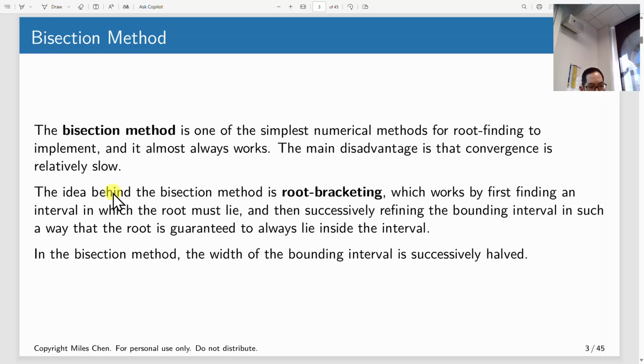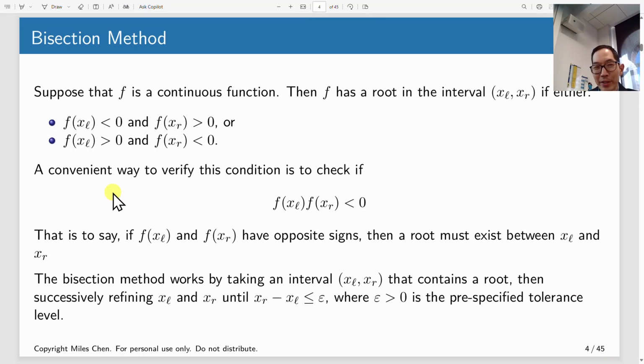So we just bracket off the root. We say, well, if we know a root exists in here, we just keep shrinking the size of that interval in half until we're confident or until we feel good about having the value.